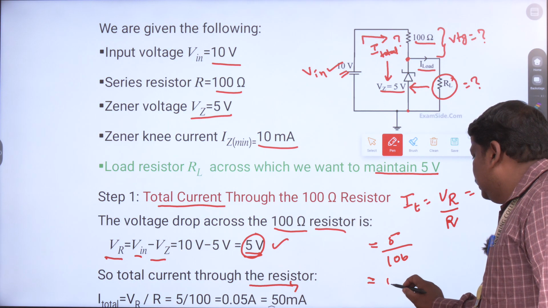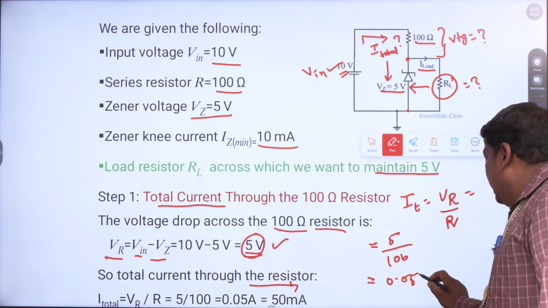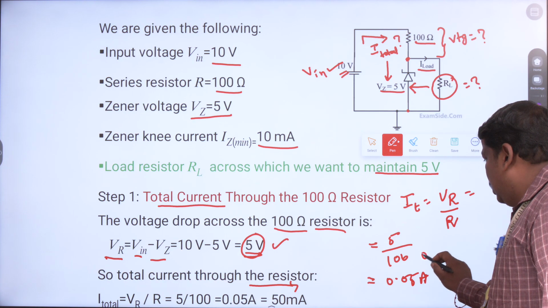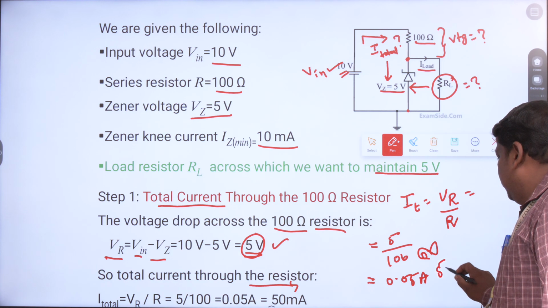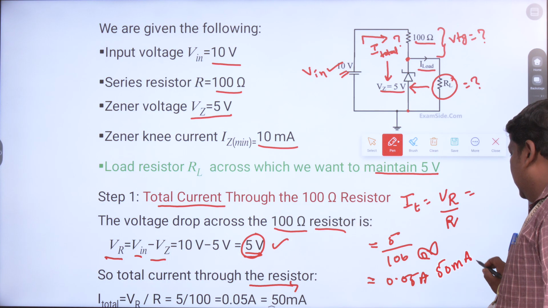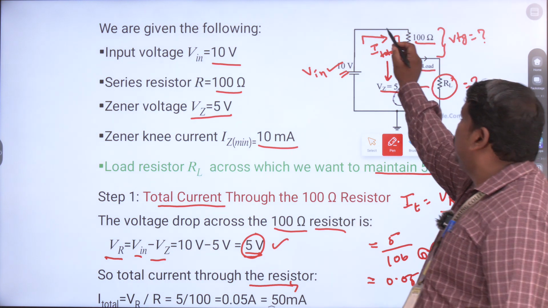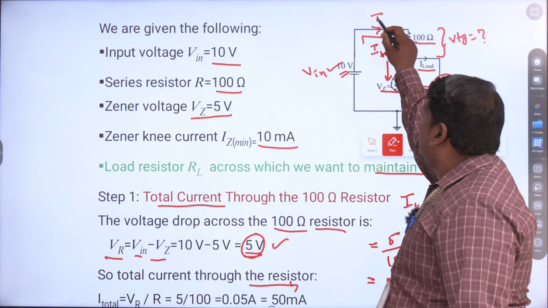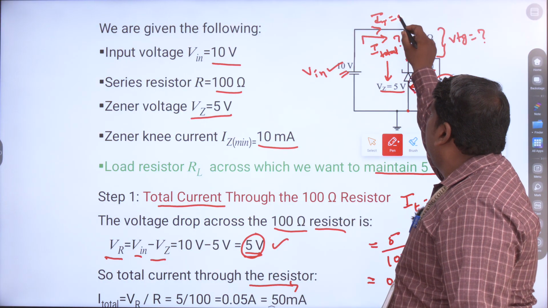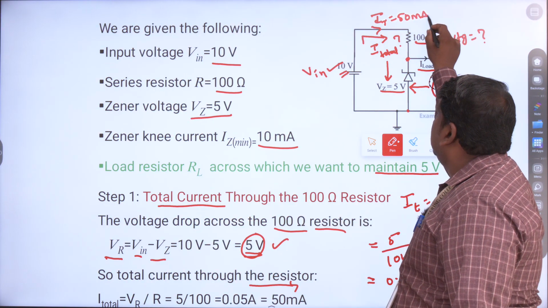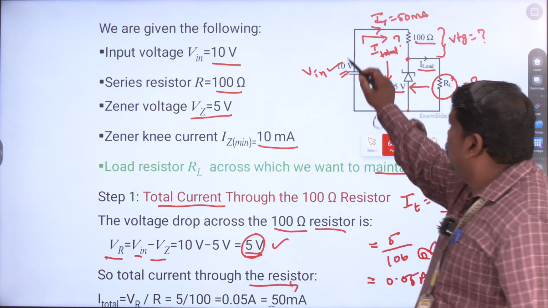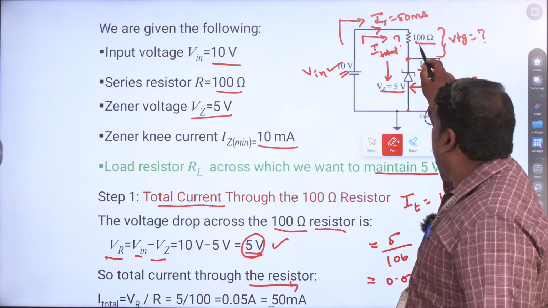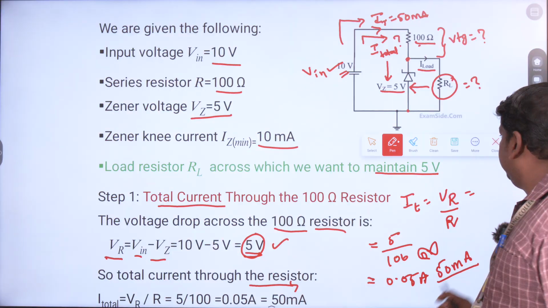So we get 0.05 amps, or 50 milliamps. That is the total current: 50 milliamps is flowing from the voltage source through your 100 ohm resistor.